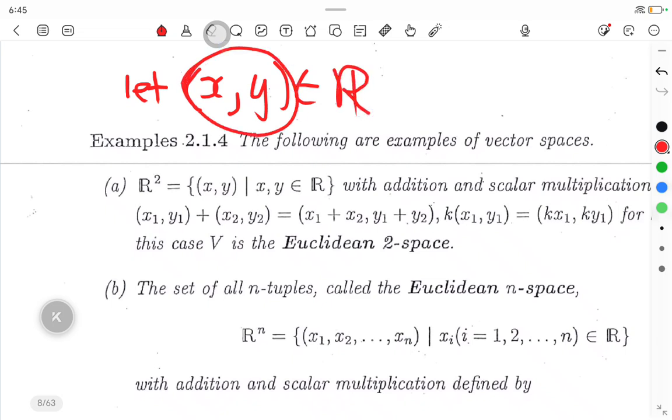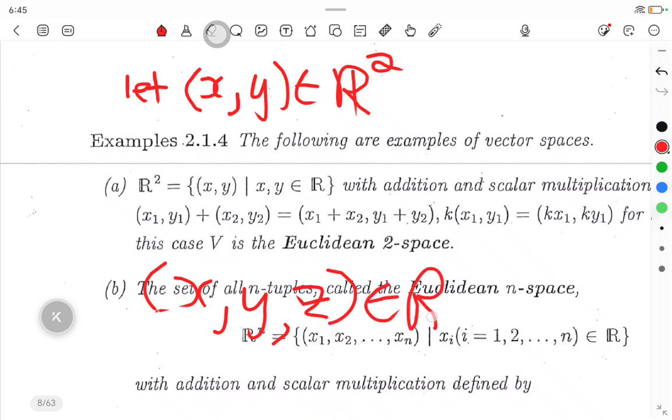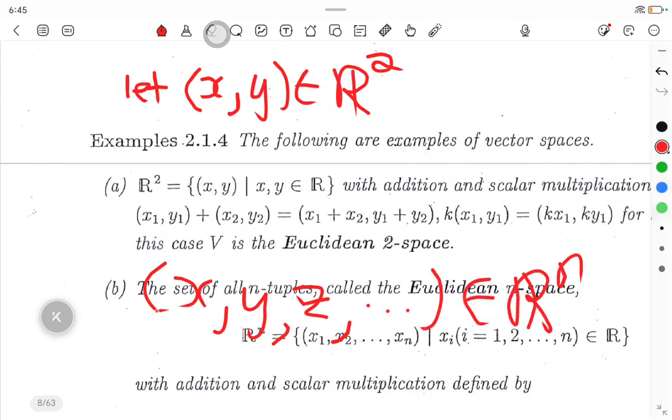This is an ordered pair, it is a two space, it should be exponent 2. Once you take 3 elements, this should be an element of R3. Once you take n, this should be an element of Rn. You say right. So you see that you should be careful of how you take your space.